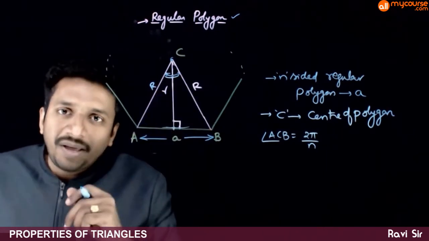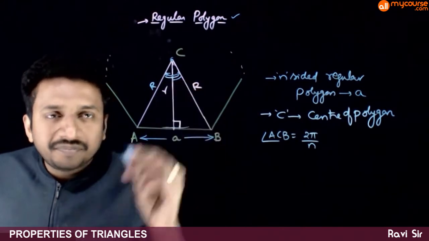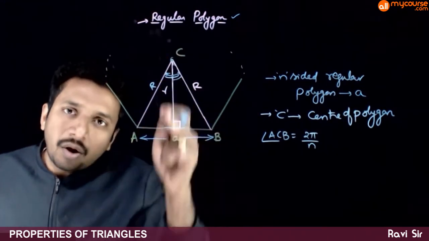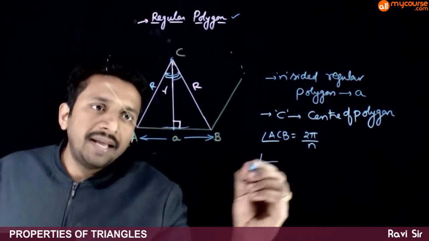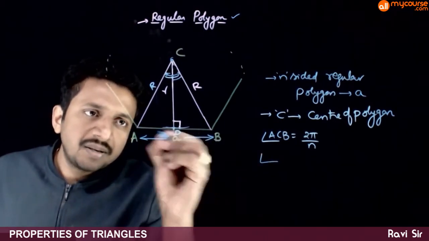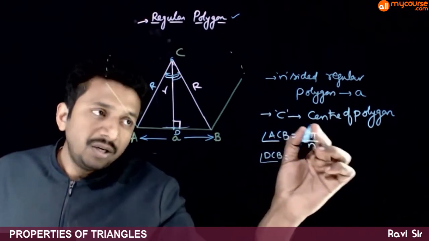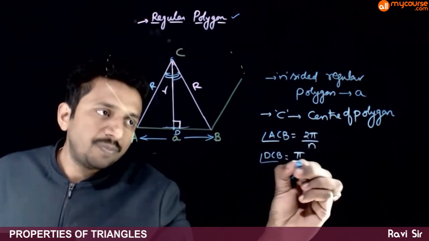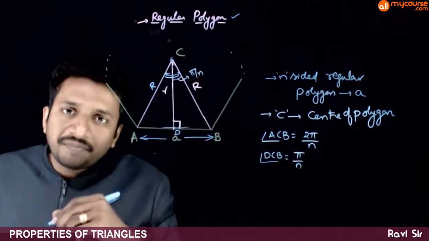Now what is half of this angle? Because it is an isosceles triangle, the altitude will also be the angle bisector. So if this point is D, angle DCB is equal to 2 pi by n by 2, which is pi by n. So this angle is pi by n.